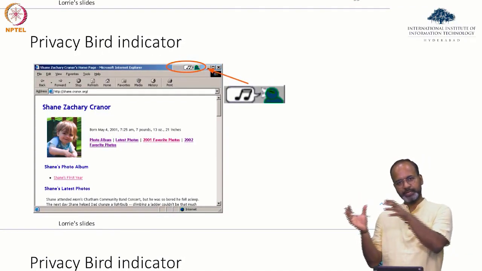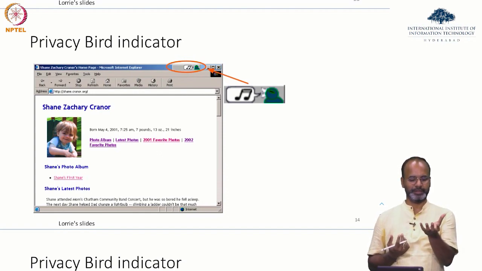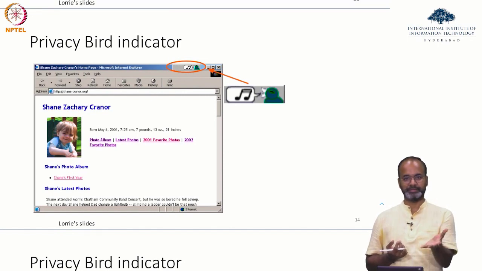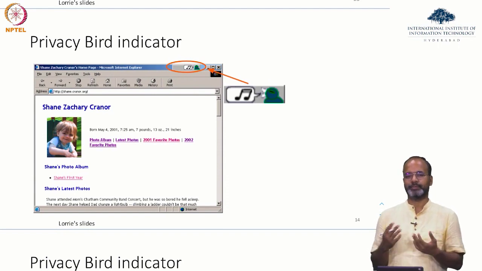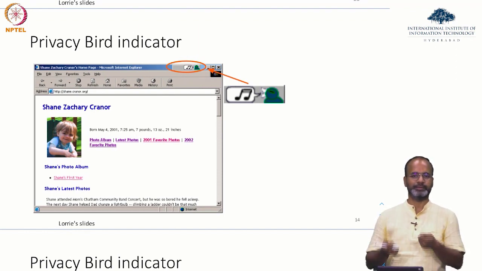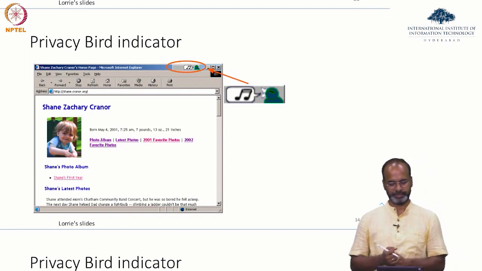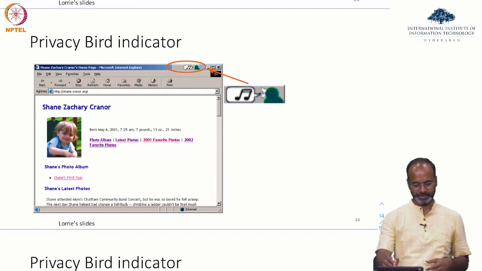And now that the P3P policy is coming to a web browser, the browser can make a lot of decisions, right? As I said before, P3P is a way by which you can express the privacy policies in an XML format. Now that I have an XML format of IIIT Hyderabad's P3P policy, I can say whether PK is allowed to see that website or not, or whether it is aligned with PK's privacy preferences or not, which is what this Privacy Bird does.